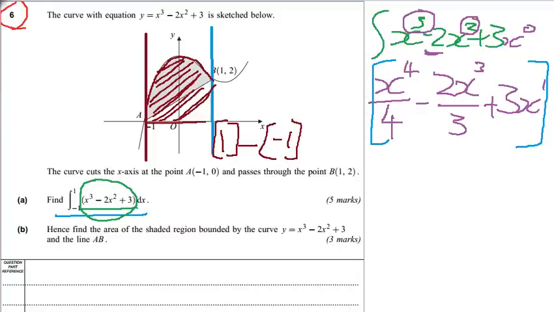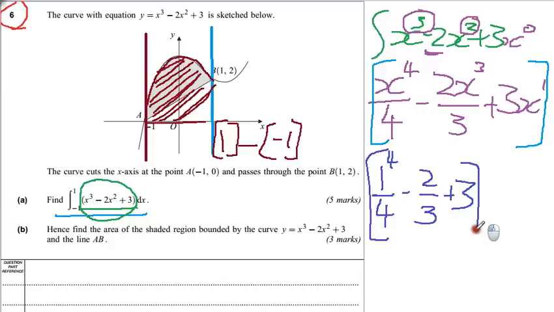So let's do that. Let's put that into our equation. We'll say everything that we need 1 for. So here we go. 1 to the power of 4 over 4, minus 2 times 1 cubed, which is 2 over 3, plus 3. So that's what we get when we sub 1 in. There you go.